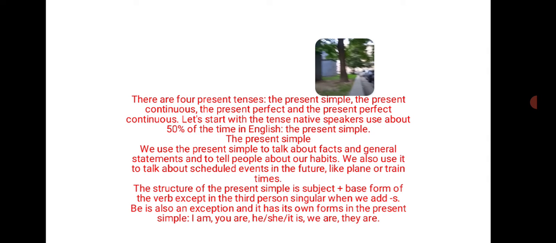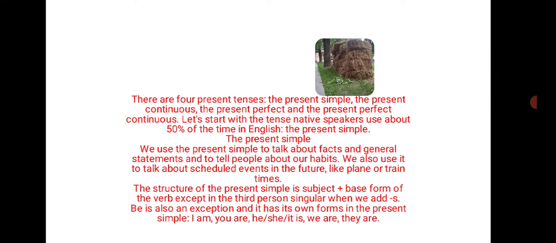So we use present simple to talk about events happening in the present, and also we can use it to speak about events in the future that were scheduled, like plane or train times.